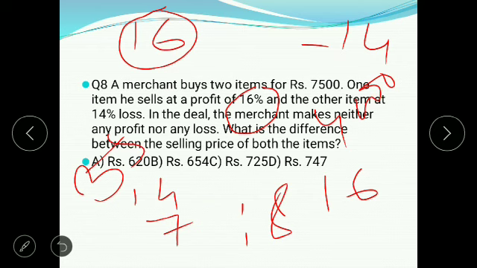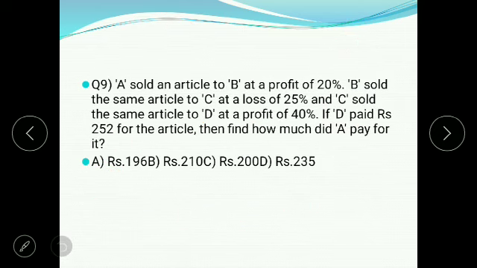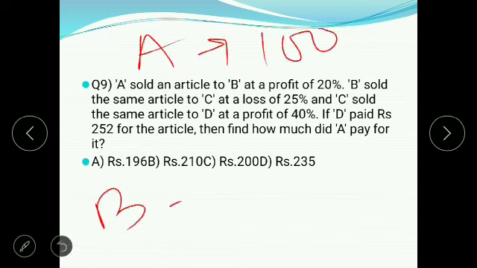In this math problem, A sold an article to B at a profit of 20%. So say A got it for 100 rupees. Now he sold it to B at 20% profit, that is B got it for 120 rupees. Now the same article B sold to C at a loss of 25%. This means 25% is 1/4, that is C got it for 90 rupees, right?